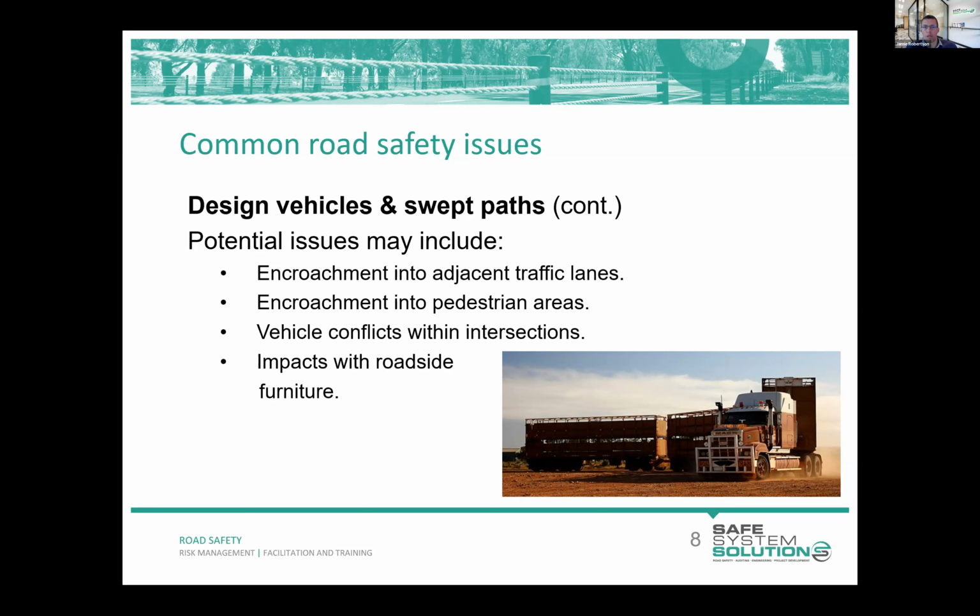So for a smaller local road type of intersection, you might design to a service vehicle and check for a 12.5 metre truck or bus, which is your next step up in your suite of design vehicle options.